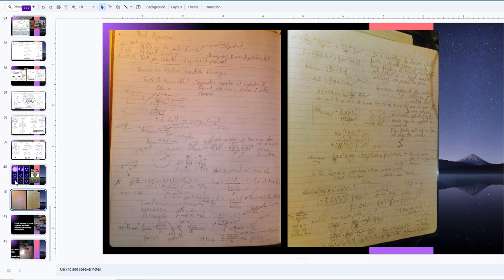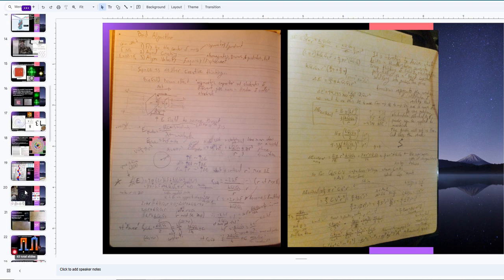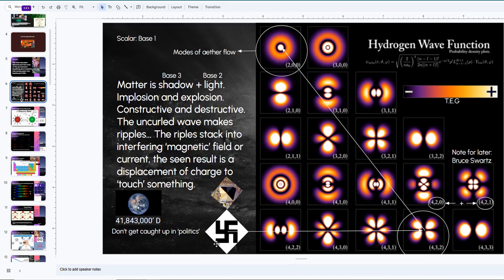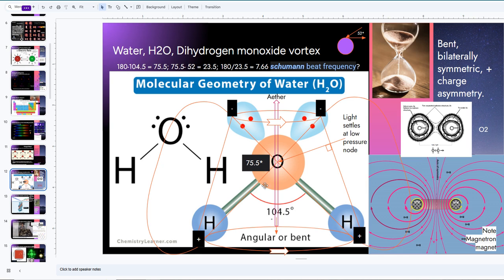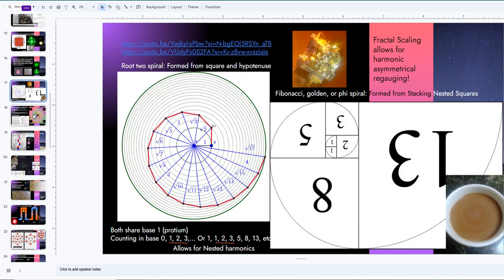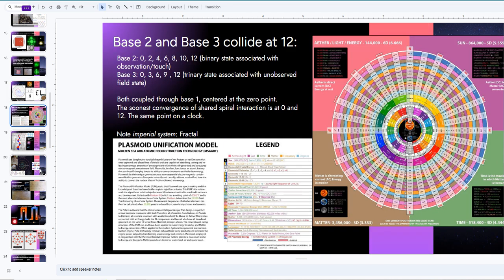And this is kind of like this torsion field that Tom Bearden alludes to. And there's a torsion field in here, and in here, and in here, and in here.